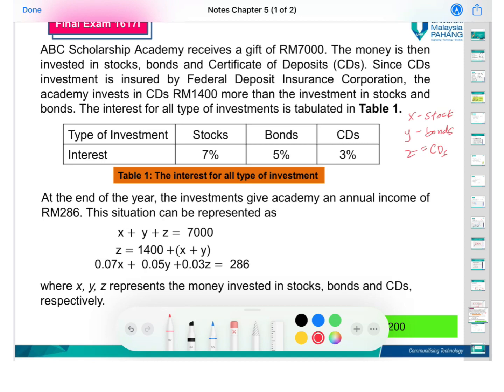And then it said the Academy invest in CDs 1,400 more than investment in stock and bonds. So z equals to 1,400 plus x plus y. Okay, and then for the interest, okay, 7% stocks plus 5% bonds plus 3% CDs give a total of 286 for the year, at the end of the year.